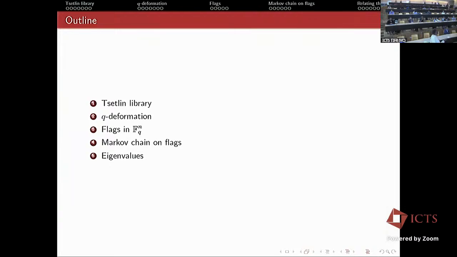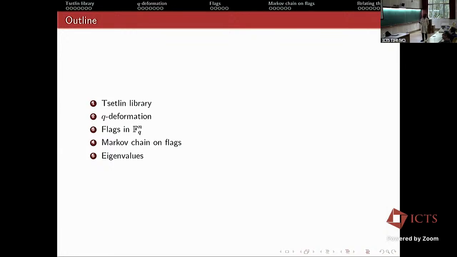So the first part of the talk is about a probabilistic model called the Tsetlin library. This is the same Tsetlin as Gelfand Tsetlin, so you can rest assured. This is a classical model which he introduced and was very well studied in the theory of semigroups, in the theory of Markov chains.